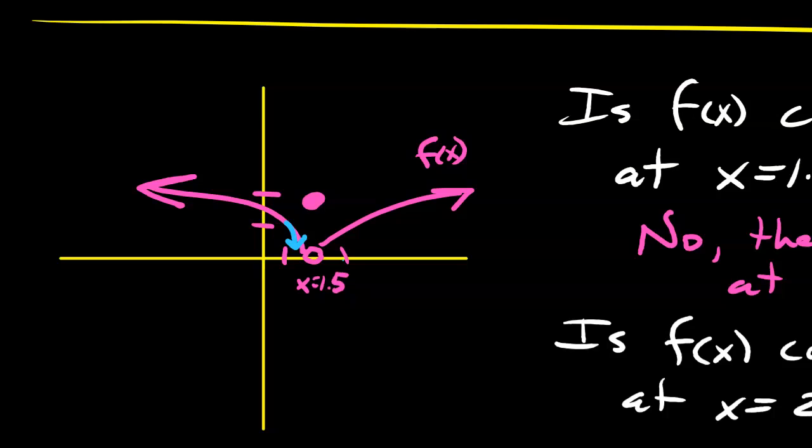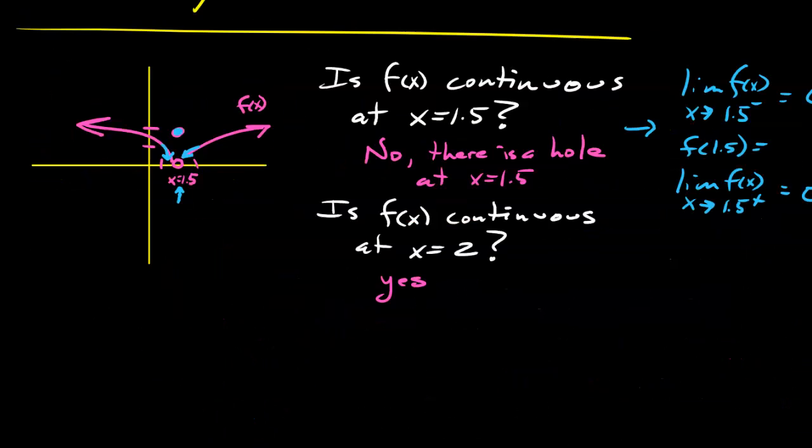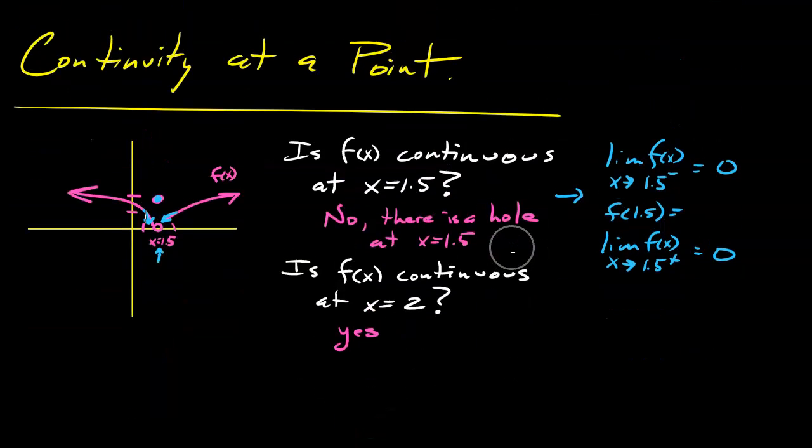If I look from the right towards 1.5, it's going to a height of 0. f of 1.5 means I look directly above 1.5, and this is f of 1.5. So f of 1.5 would be 2, because there's a point up at y equals 2. So the fact that all three of these are not the same would mean it's not continuous. That's what has to happen for it to be continuous.